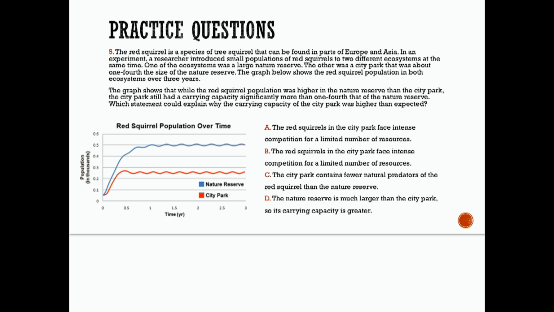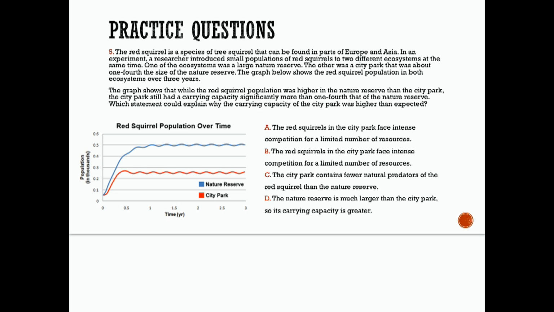All right, the city park is 1/4 the size. Remember up here, the city park is 1/4 the size of the nature reserve, but its carrying capacity is significantly more than 1/4 that of the nature reserve. Okay. The researcher determines that the carrying capacity of the park is unusually high when compared to the nature reserve.